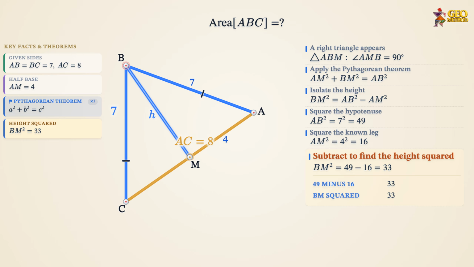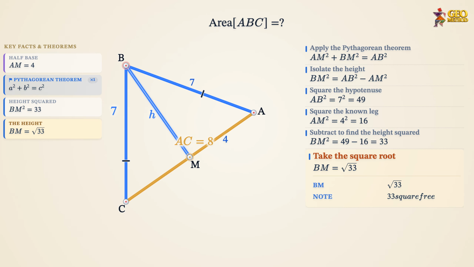One square root away from the height itself. Take the positive square root to get the height segment BM as the square root of 33. 33 factors into 3 times 11 with no perfect square inside, so the radical stays exactly as it is.